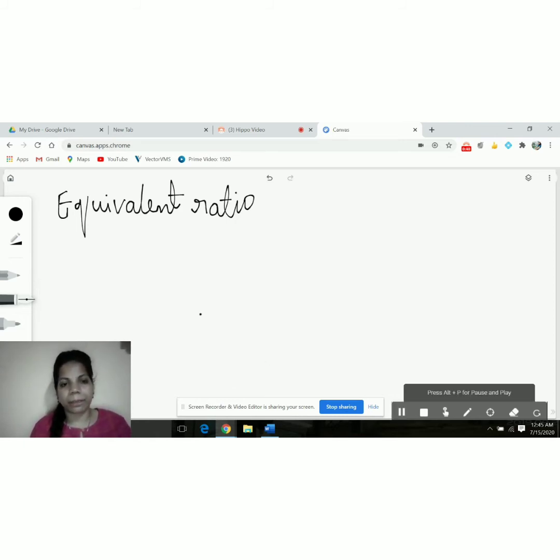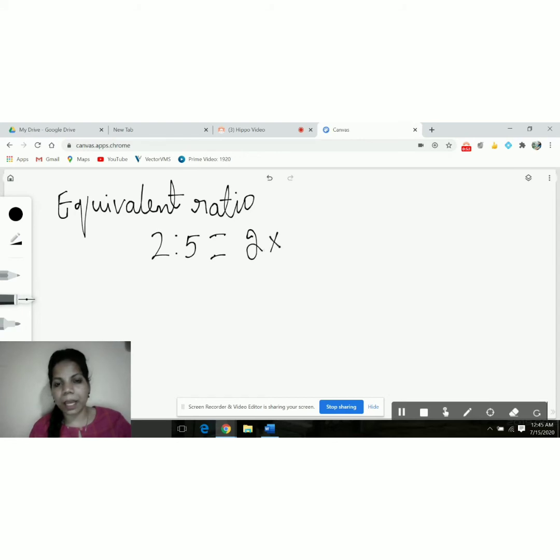Now let us see. I am taking the example 2 is to 5. Now I want to find the equivalent ratio of this ratio. What I will do is multiply the same non-zero number to both of these terms. 2 into 4 is to 5 into 4.